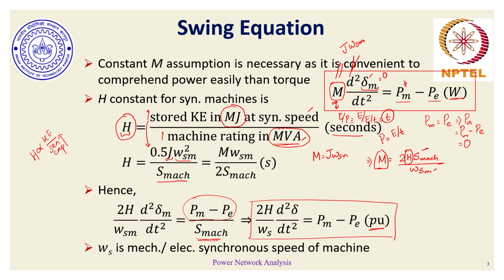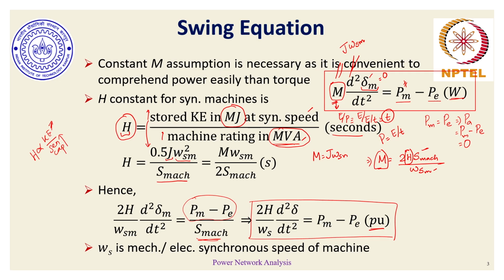But with no rotating devices present, specifically for solar PV and battery energy storage systems, there is no rotating part. So these generators in a way cannot contribute anything to the kinetic energy which is already present in the network.